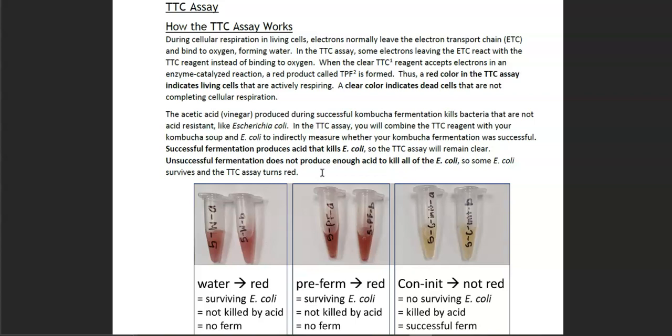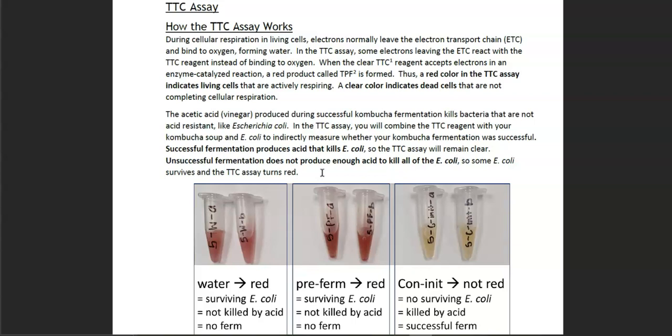Step 2 of things that you need to know is the way that the TTC assay works. TTC is the reagent, and when the E. coli is normally living, it does electron transport and passes the electron to oxygen in aerobic respiration, making lots of ATP. When the TTC reagent is present, then some of the electrons will go to the TTC reagent instead of going to oxygen, which will turn the TTC reagent red.